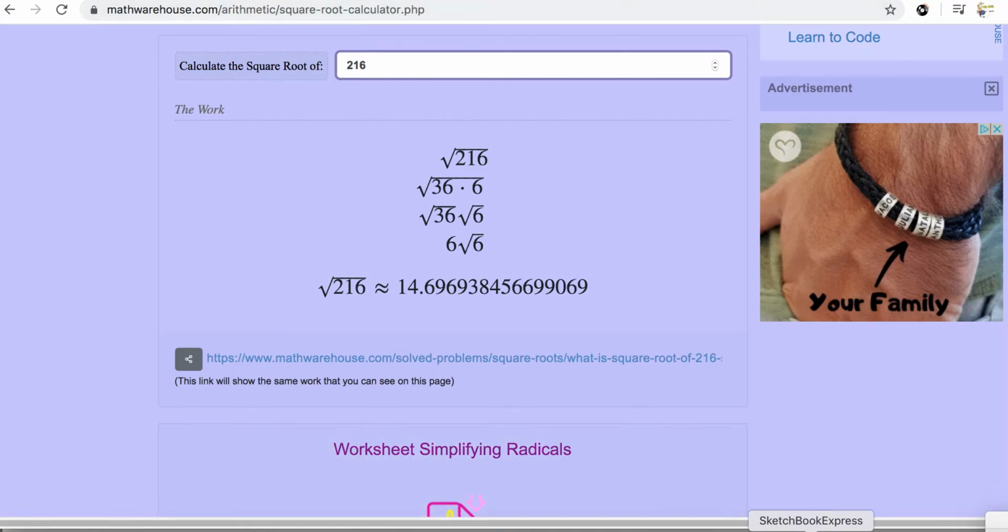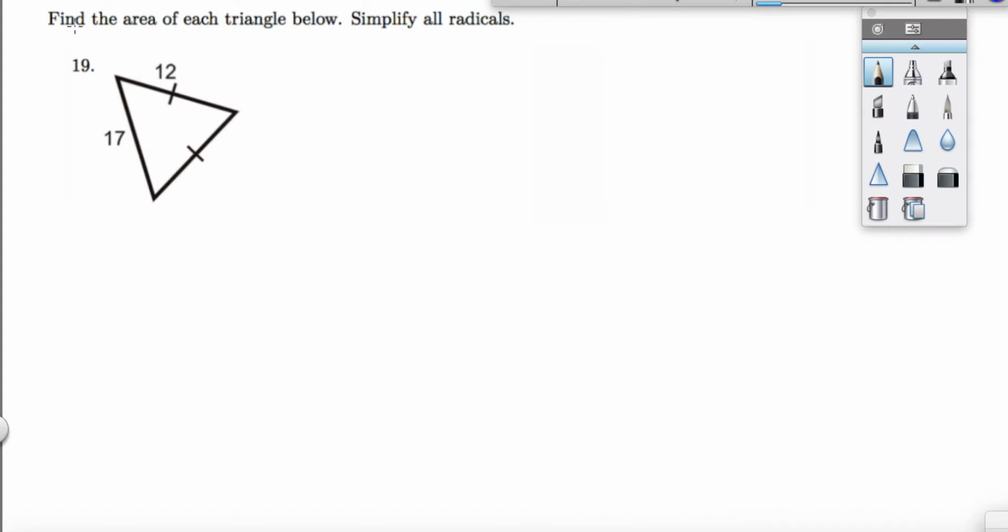Okay, so we are on number 19, and this is from 7.1 practice. We are trying to find the area of this triangle. So remember, area of a triangle is 1/2 base times height.